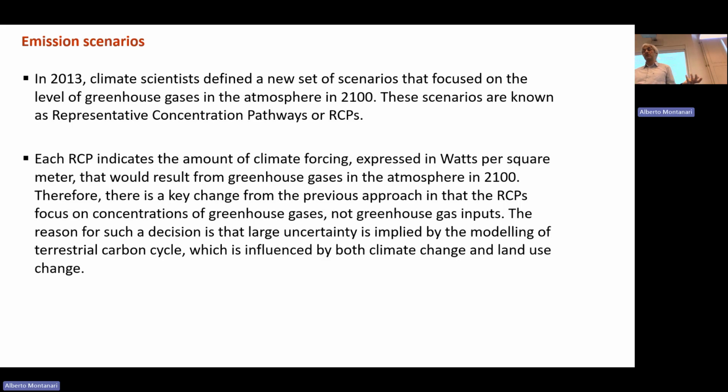Think, for instance, that carbon emissions are tightly related to demographics, and it's difficult to predict what will be the evolution of human population in the future.